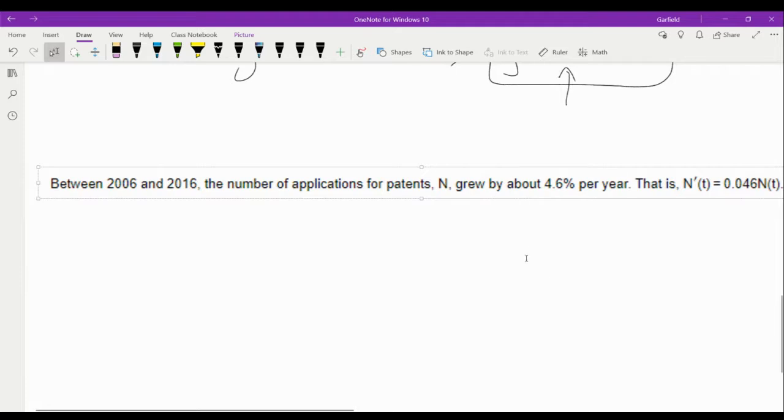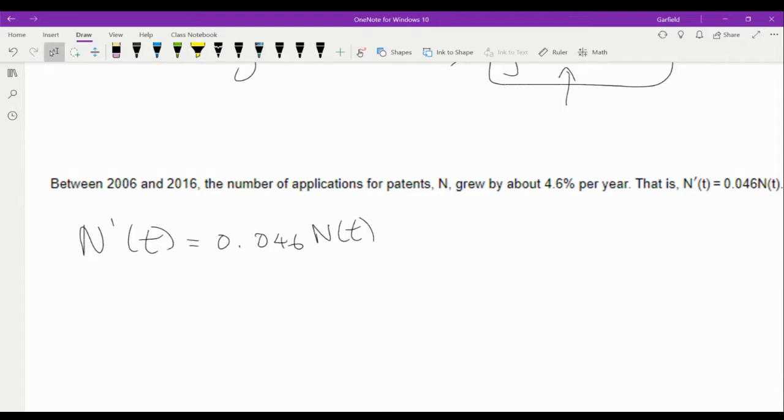All right, so here, between 2006 and 2016, the number of patent applications N grew by about 4.6% per year. That is, N prime of t, the number of patents, is equal to 0.046 N of t.